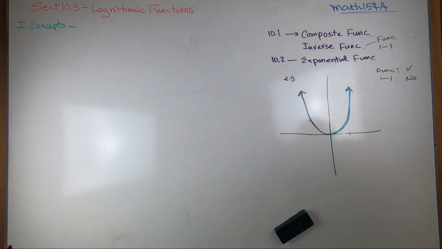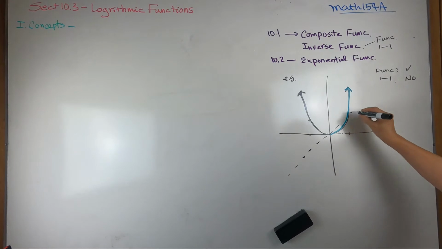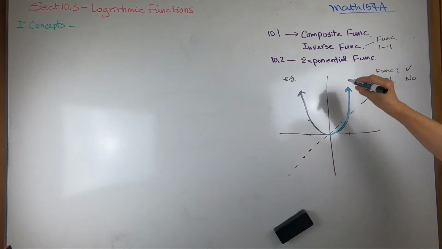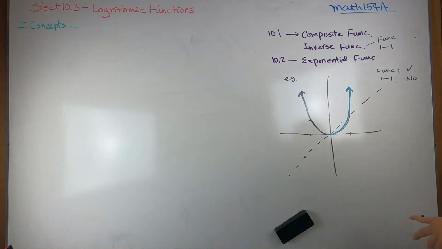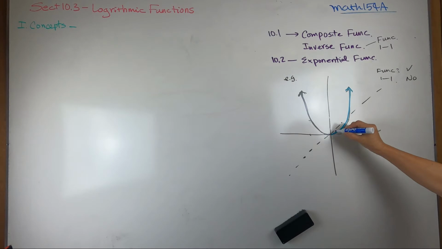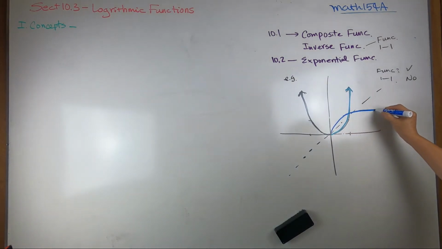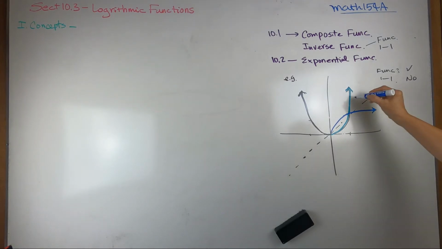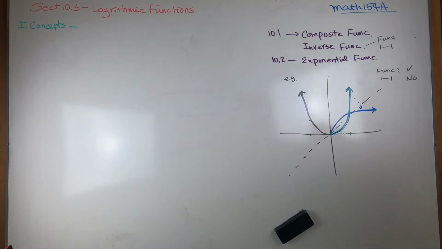If you fold over this curve, this one would be reflected to this side, and this one will reflect over here. So over this line, this one will reflect like that, and this one will reflect like that, right?